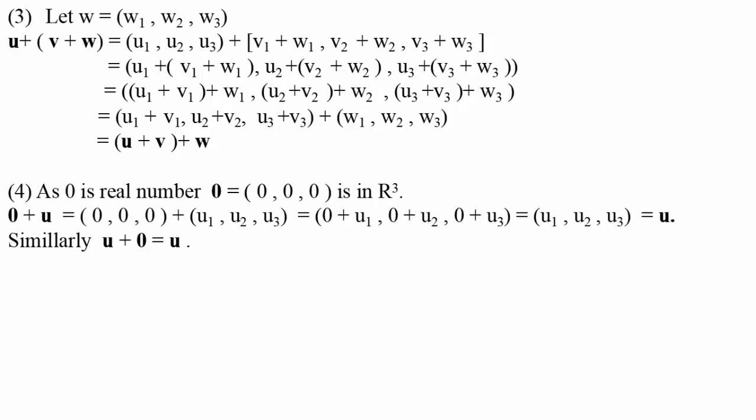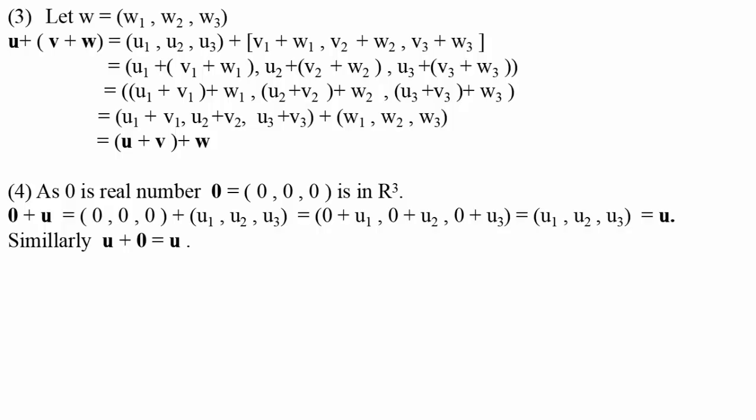Fourth axiom. We know that 0 is a real number and 0 equal to the ordered triplet (0, 0, 0) belongs to R cube. Now we shall check whether 0 plus u equal to u. 0 plus u equal to (0, 0, 0) plus (u1, u2, u3), and by definition of the sum it becomes (0 plus u1, 0 plus u2, 0 plus u3).